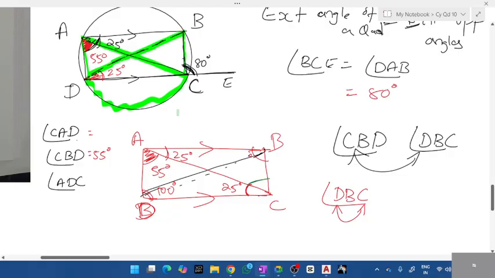You can apply in any order. Try to find out. Don't take half an hour, 1 hour for one question. Try within 5 minutes. If you're not getting it, let me know. Try all the possible values. You can even write it like this. Angle DBC is equal to angle DAC, that is equal to 55 degrees.